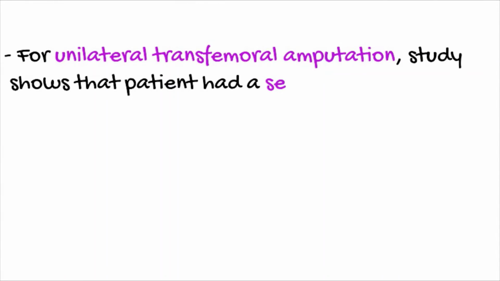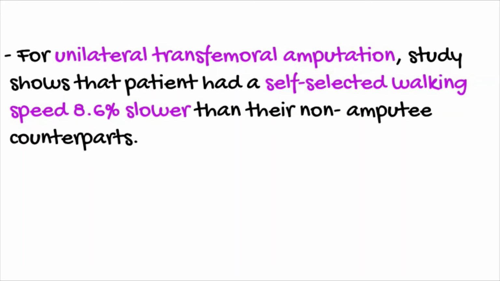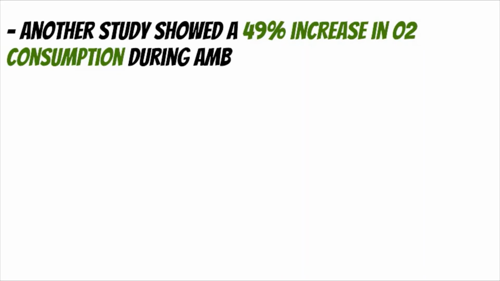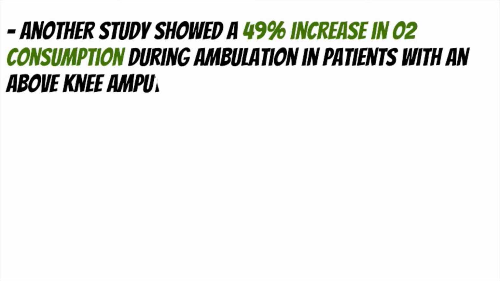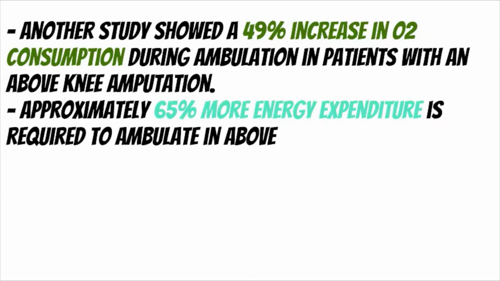For unilateral transfemoral amputation, studies show that patients had a self-selected walking speed 8.6% slower than their non-amputee counterparts. Another study showed a 49% increase in oxygen consumption during ambulation in patients with an above-knee amputation.